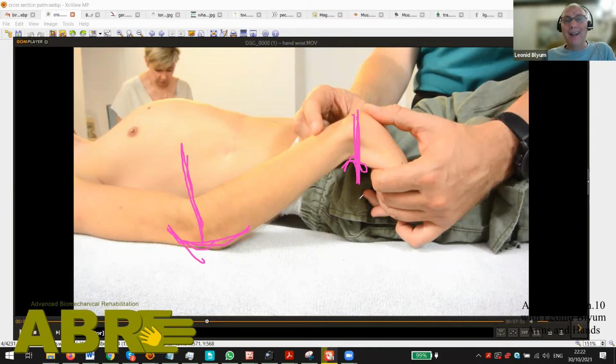So now it's the opposite, right? You see here, we've got the cleft of the elbow and the cleft of the wrist. And we have the tip of the wrist with the tip of the elbow, right? So you see those things are kind of connected with each other.